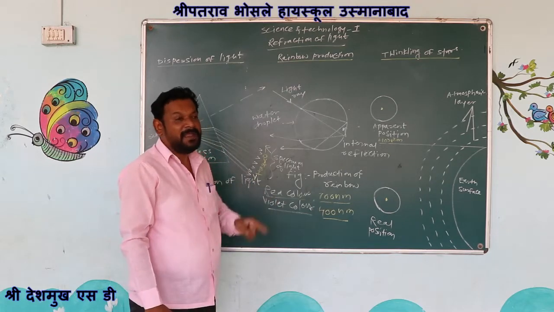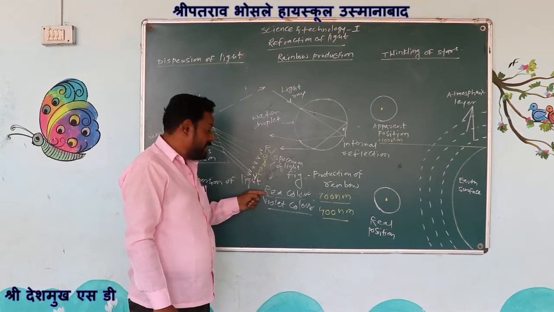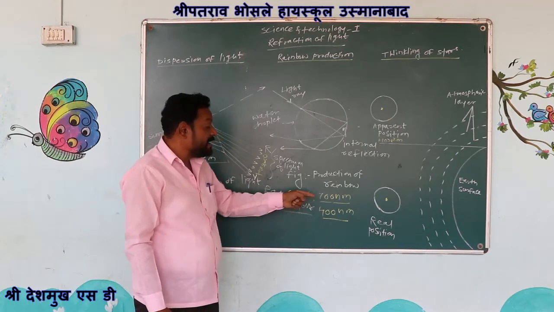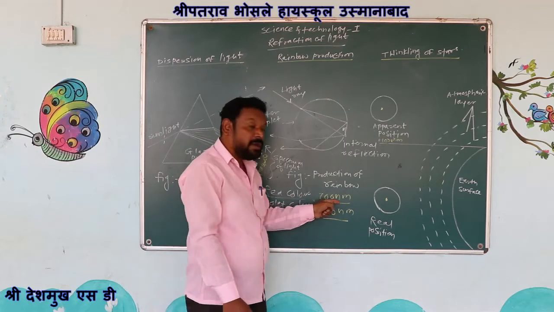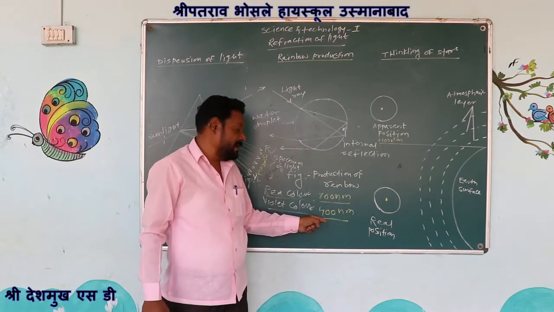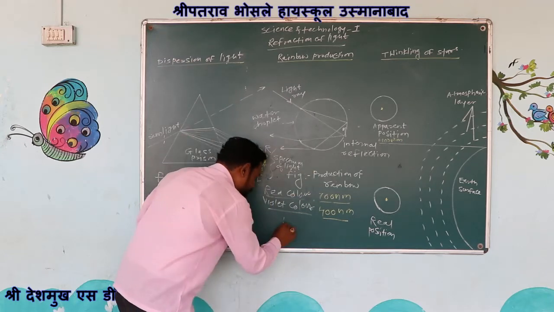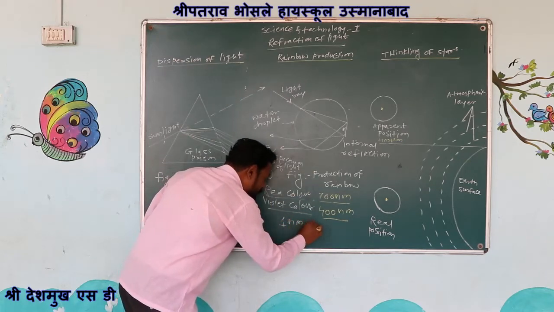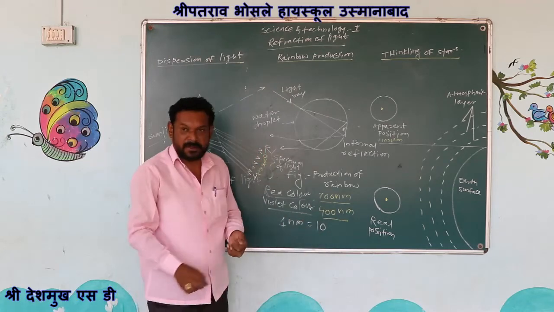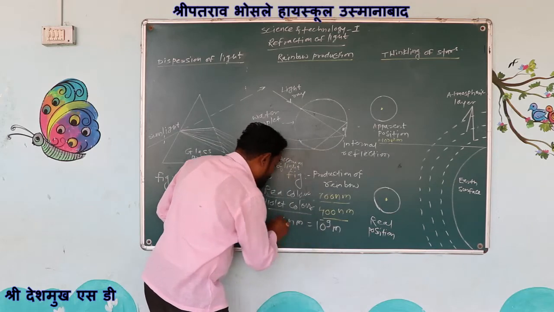Wavelength is the main important property of radiation, so red color has a wavelength of 700 nanometers and violet color 400 nanometers. But 1 nanometer is equal to how much? 1 nanometer is equal to 10 raised to minus 9 meter.